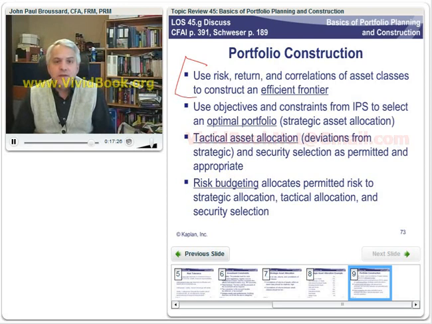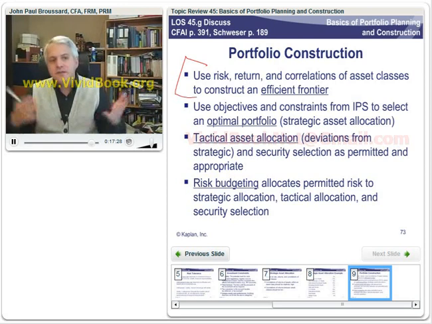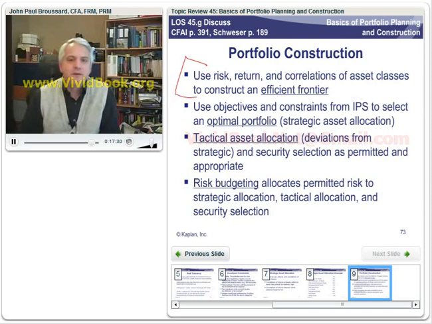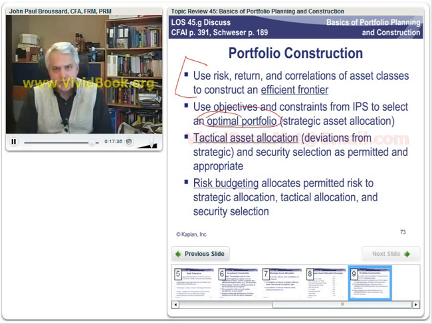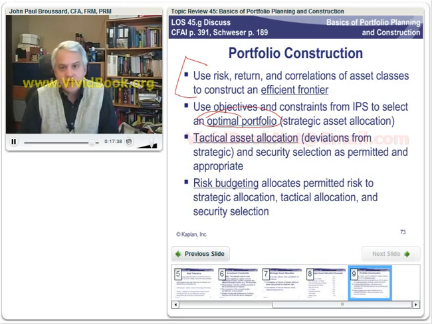And once we see that frontier, and once we see those optimal, efficient securities, then we want to be able to choose an optimal portfolio based on what? Based on the objectives and constraints from the investment policy statement.